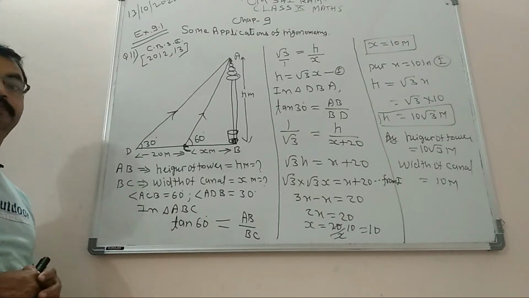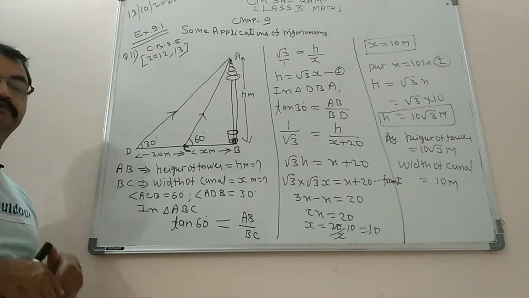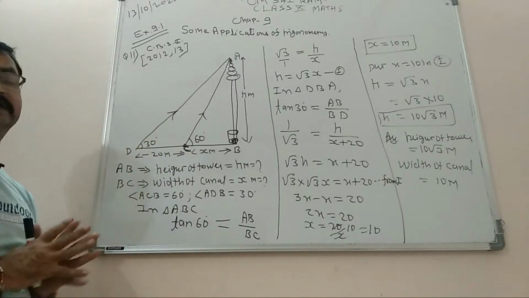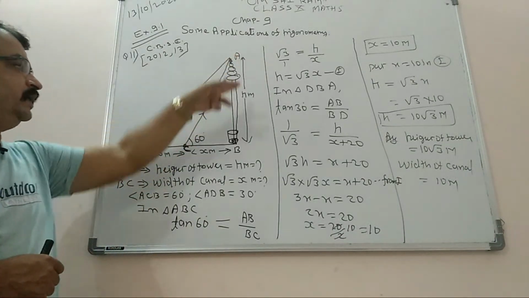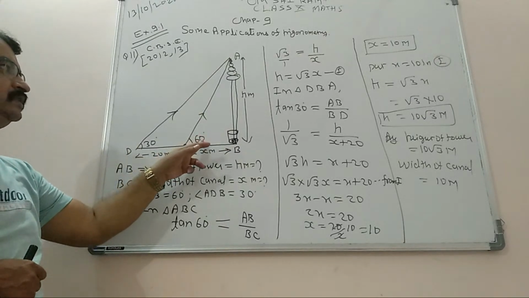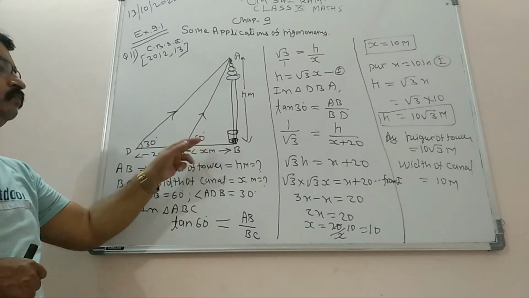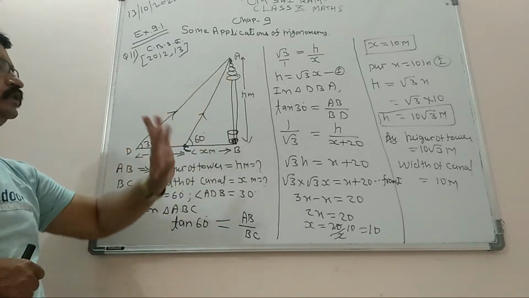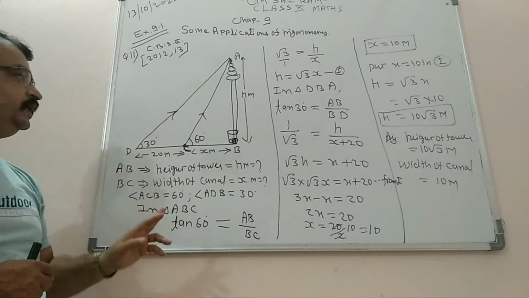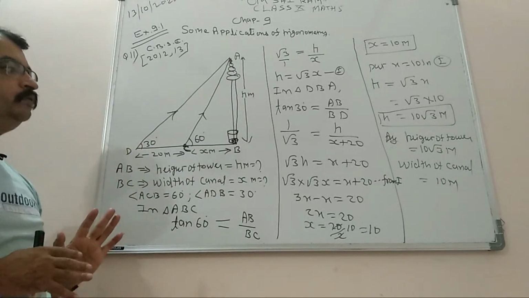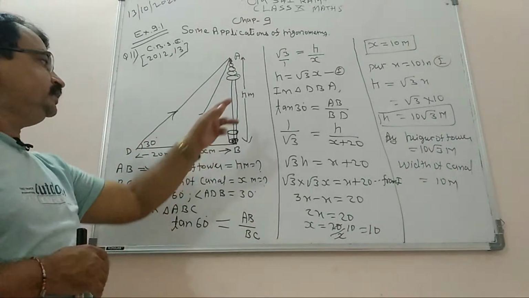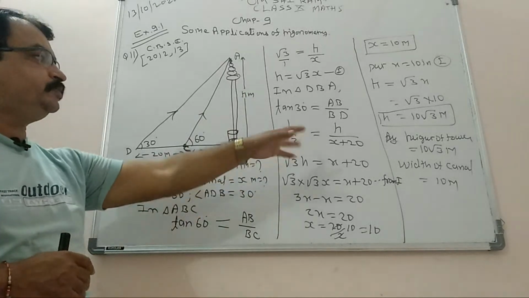Okay, so I hope the concept is clear to you, because everything is given in the figure in NCERT. Simply we selected first the right triangle ABC, we applied tan 60. What is the value for tan 60? Root 3, so we got h equal to root 3x. Then second ABD, tan of 30, 1 by root 3, opposite is h, adjacent is x plus 20.